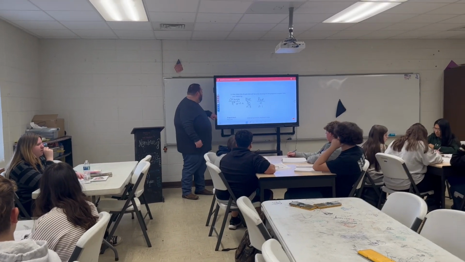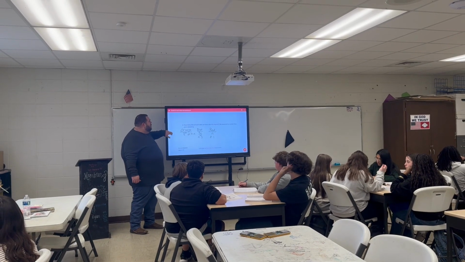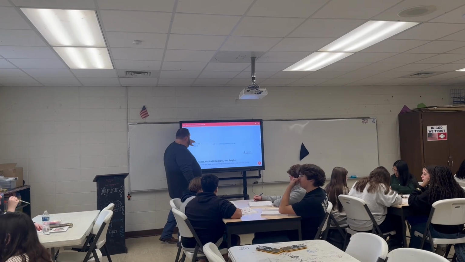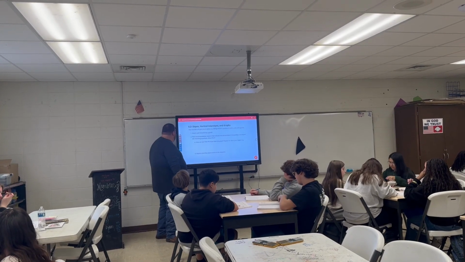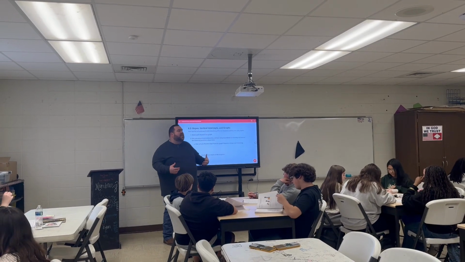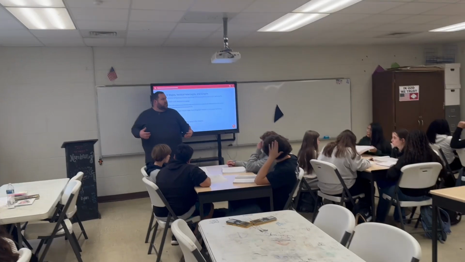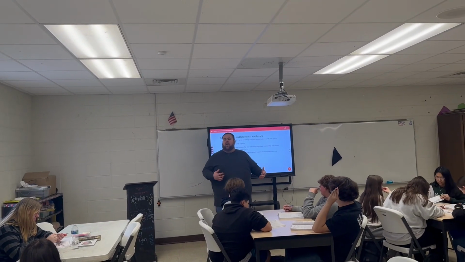Alright, so now, we're going to do a group activity. Each table will have their own group. We're going to do a card sort. I'm going to give you 6 cards that have a graph on it, and 6 cards that have a situation or a word problem on it.